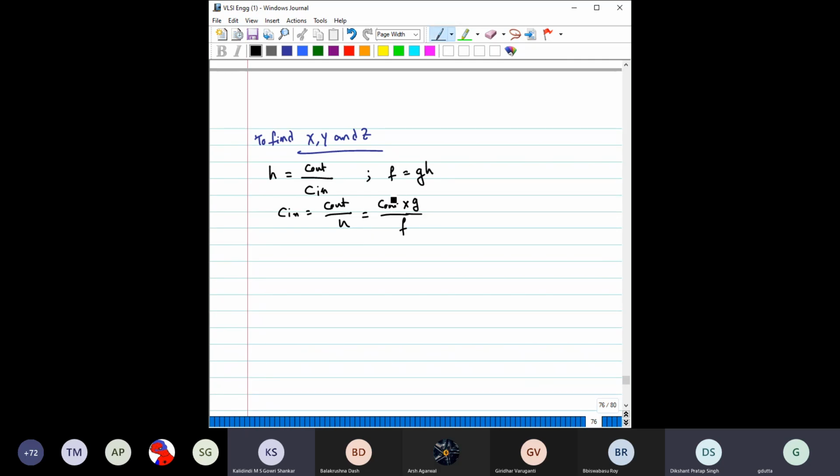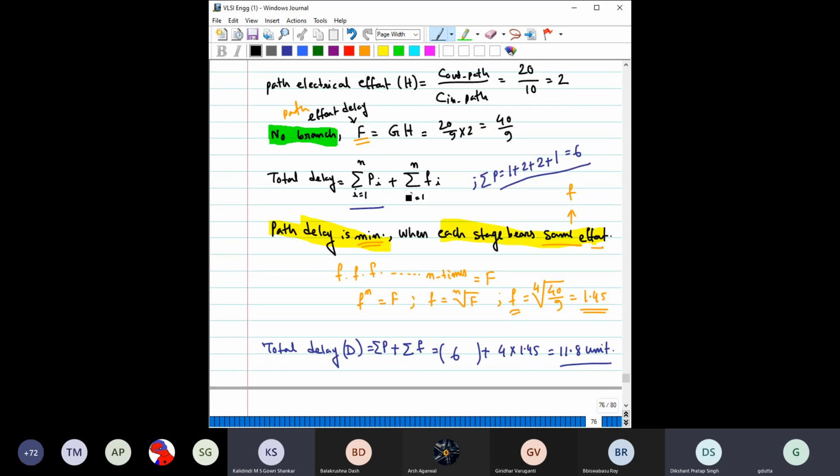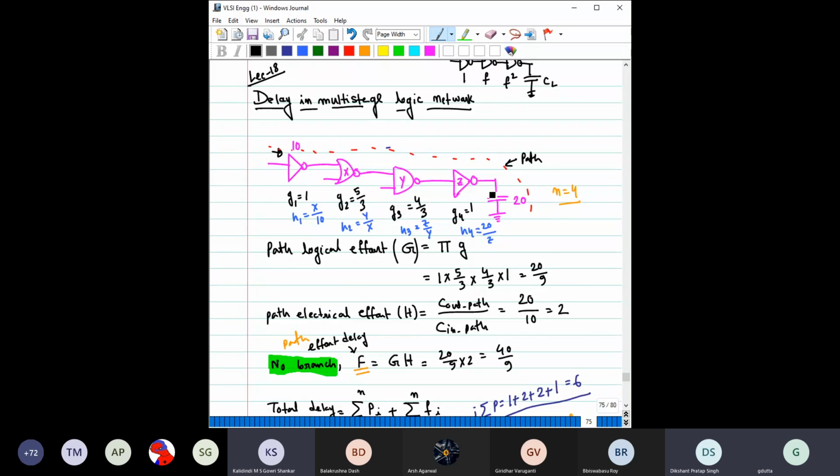Because see here, we know what C out is. C out means the final capacitance here. We'll start from here, C out. Then we know the value of G for this gate, and we also know the value of F for this gate, right?